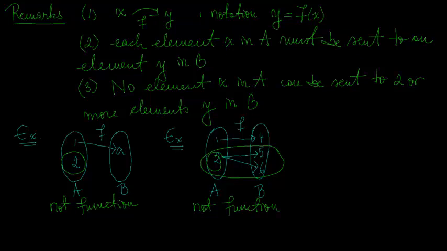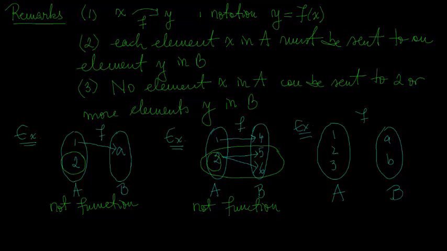Looking at another example, let's say I have the set A made out of the elements 1, 2, and 3, and the set B made out of A and B. And I define the following relation. I'm going to send all 3 elements, namely 1, 2, and 3 all into A. So now the question is, does this represent a function?